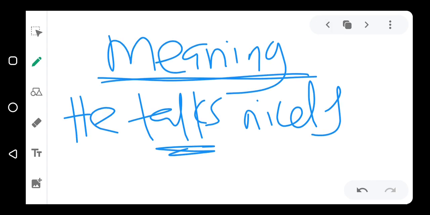So instead of having one single word like nicely that is modifying a verb in a sentence, we have a group of words, and that group of words must contain a subject and a verb. We have a group of words like that that contains a subject and a verb and is modifying a verb in a sentence. We call it an adverbial clause.